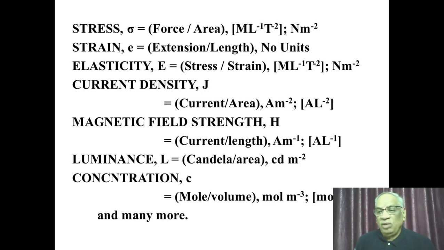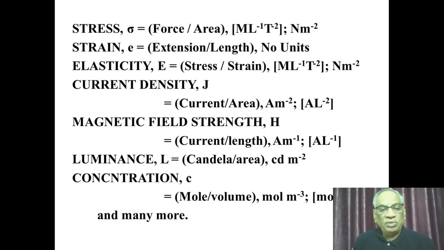Strain. When force is acting on a wire or body, it stretches under the force. So the extension produced in the body over its original length is called strain. Because both extension and length are in the same length units, there will be no units, and it's a dimensionless quantity, strain.